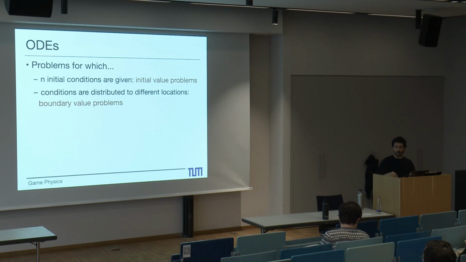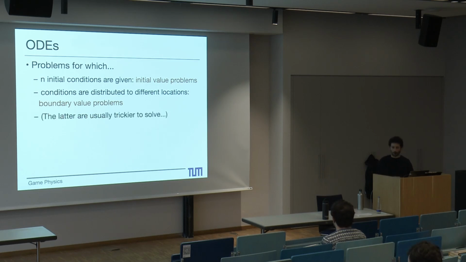Now, if I want instead, knowing where I am, to hit the door, now there are two boundary conditions. One is where I am, and one is where the door is. So that's the difference between an initial value problem and a boundary value problem. Of course, in general, the second one is relatively trickier to solve because it's typically easier to know how the system looks now, instead of having to know how it will look maybe in the future, for instance, where I'm aiming for.